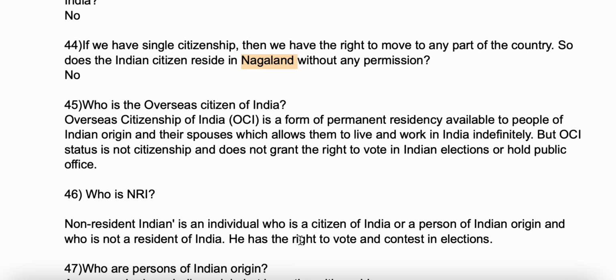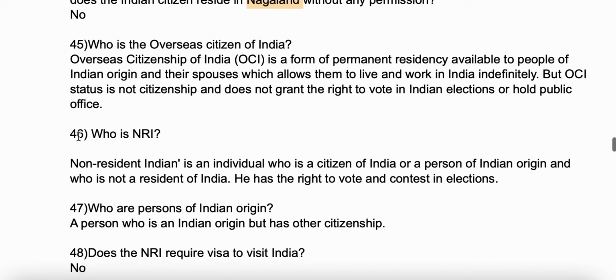So for their cultural diversity and cultural richness, a few steps are taken by the government to preserve their tribal and cultural aspects. So we can't go there without permission.